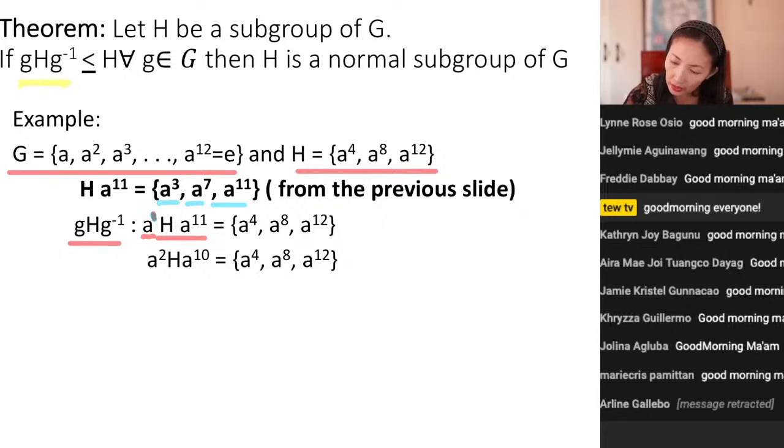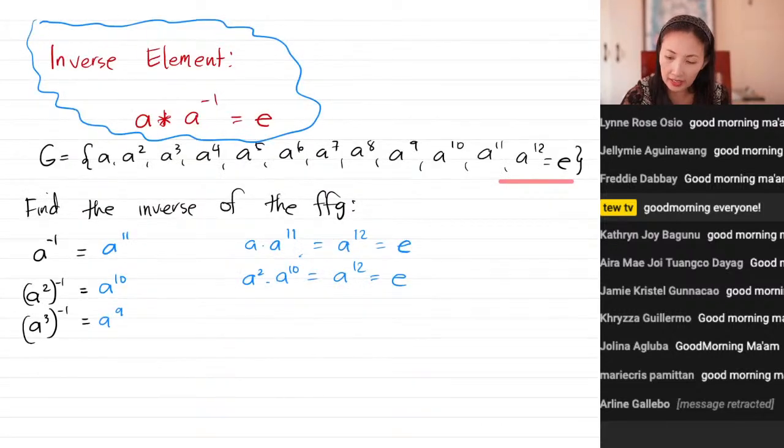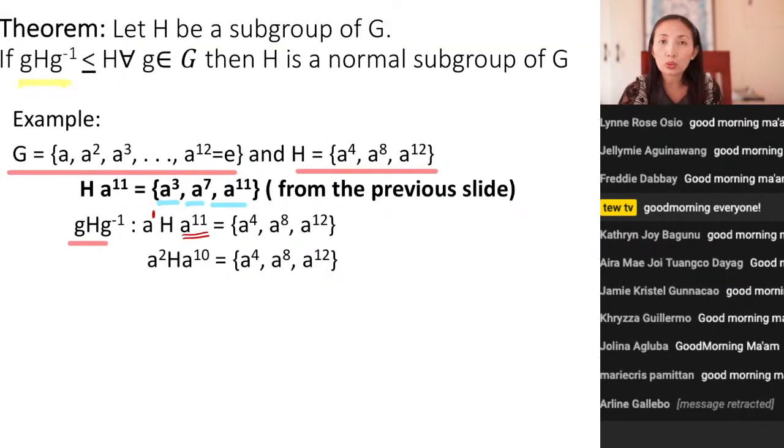Since the inverse of a raised to 1 is a raised to 11, as we showed earlier, the goal is to come up with a raised to 12 because that's the identity element.